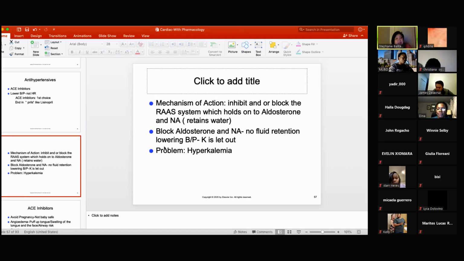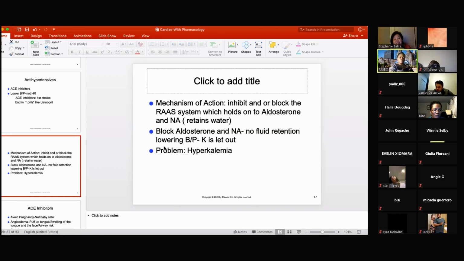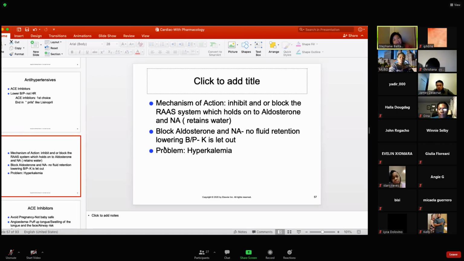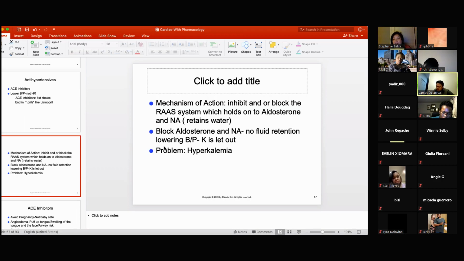However, these ACE inhibitors, they block sodium. If you're blocking sodium, what does sodium attract? Water. So if you're blocking sodium and aldosterone, they both attract water. If they're attracting water within the body, you will have fluid overload, like in heart failure, right?